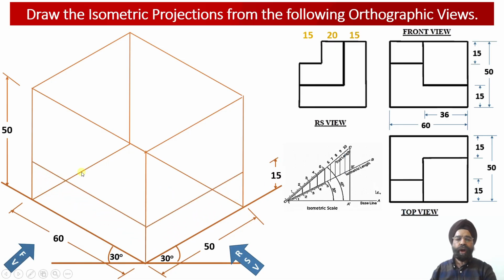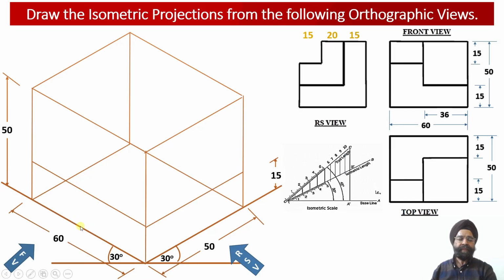Now we have drawn two isometric projection lines, one parallel to the x-axis and one parallel to the z-axis. Now this height we have maintained as 15 millimeter.